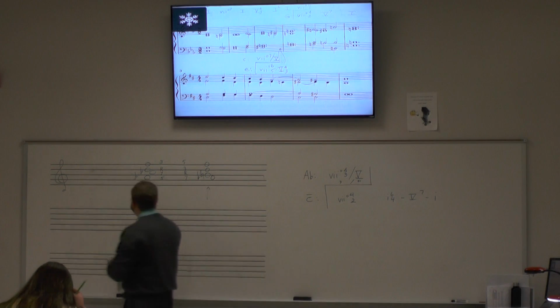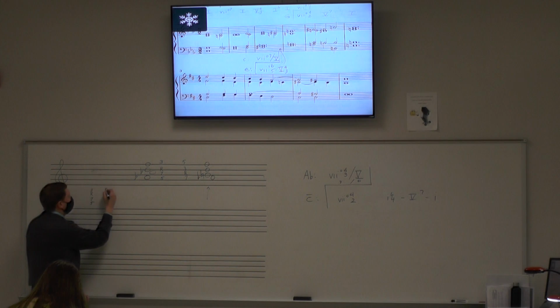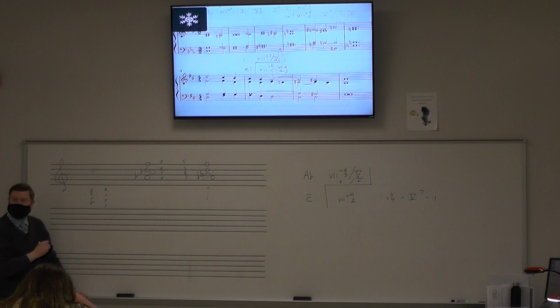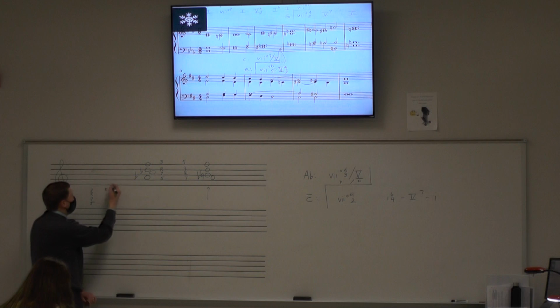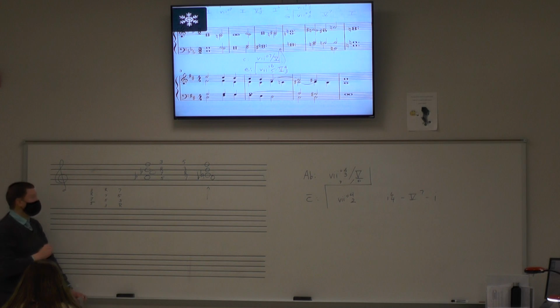So in other words, I started with this arrangement. If I move the root up, that means the third is going to have to drop down here, and the fifth and the seventh go there, because it's just on a rotational basis. If I move the root down here, then I have root position: root, third, fifth, seventh.